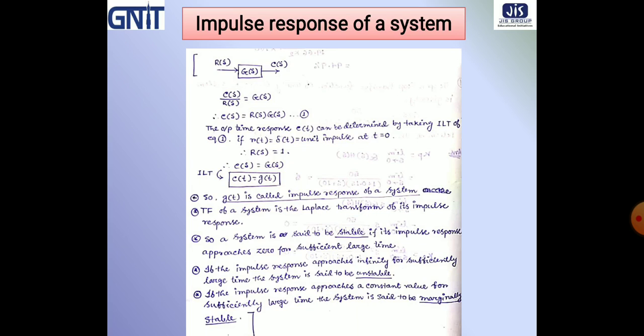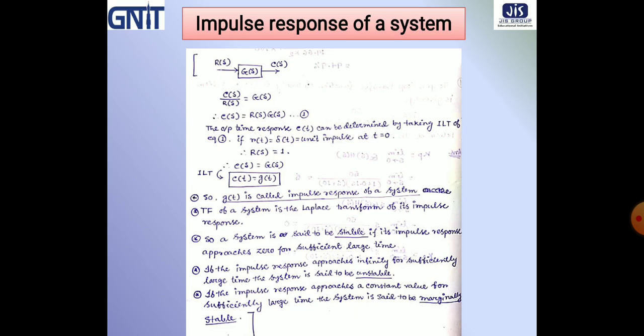So a system is said to be stable if the impulse response approaches 0 for a sufficiently large time. We will understand this better in our next slides. And if the impulse response approaches infinity for a sufficiently large time, then the system is called unstable.